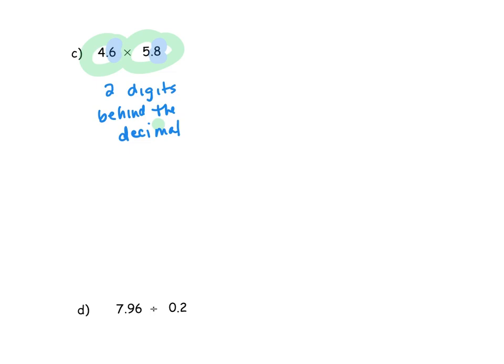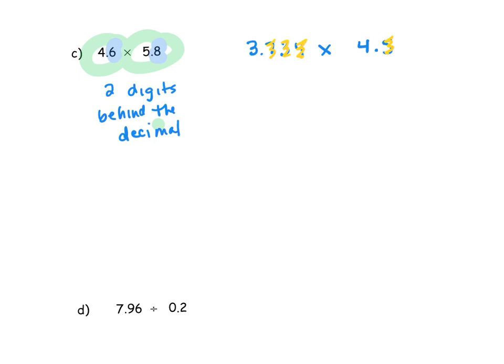And just to clarify, if I had a number like this, I'm just going to make up a number right now, and I was multiplying it times this number, then I would count 1, 2, 3, 4 digits that are behind the decimal, and I'd have to do 4 digits behind the decimal in my answer, or the product.